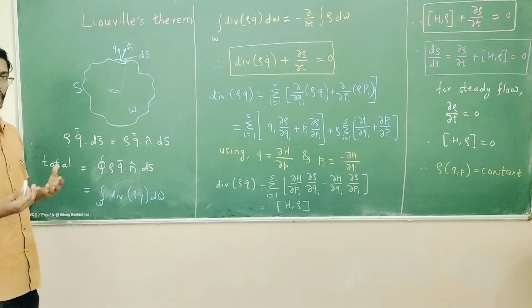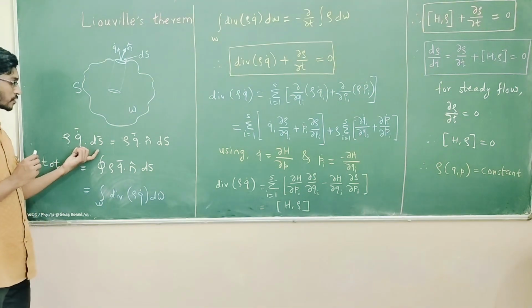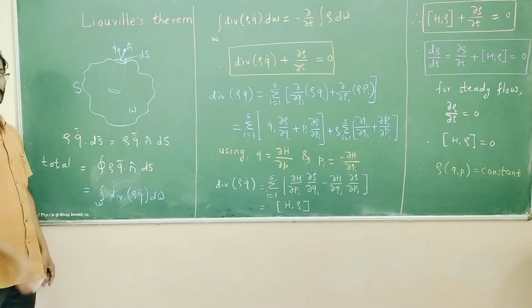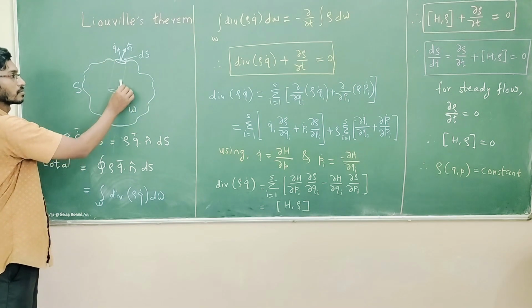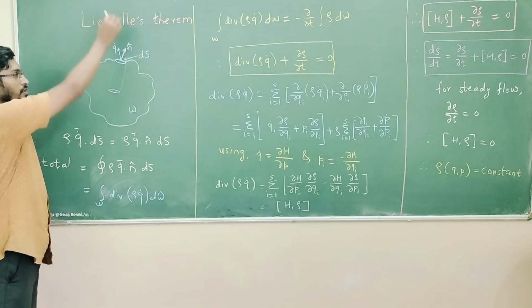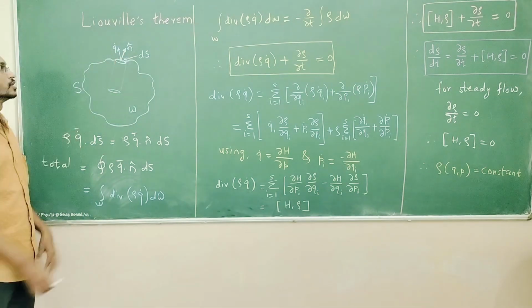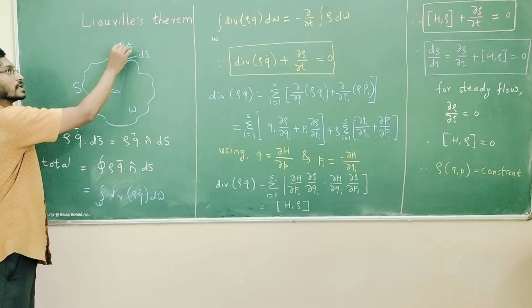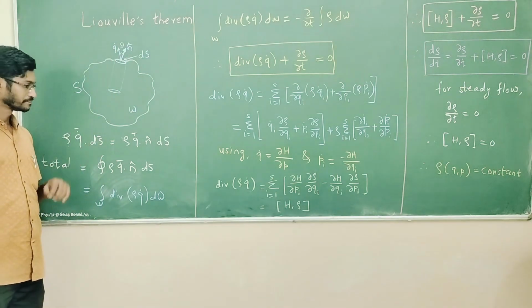Bar is velocity, so it's a vector, and it's a dot product with the area, because you can see here this is the velocity, because the particles can move in this direction, but the normal area is in a different direction. So there can be some different angle, and therefore this is included in this.